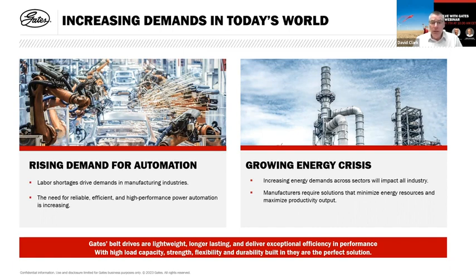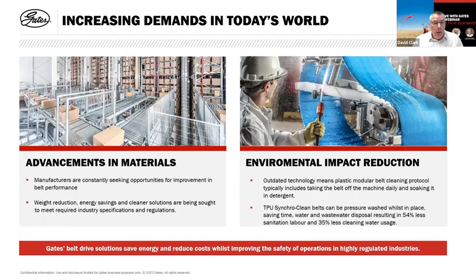Increasing energy demands across all sectors are impacting industry, and the increased cost of this energy is also significantly impacting industry. And again, we're looking at solutions that can try and mitigate some of these increases. The manufacturers require solutions that minimize energy resources and maximize production output.